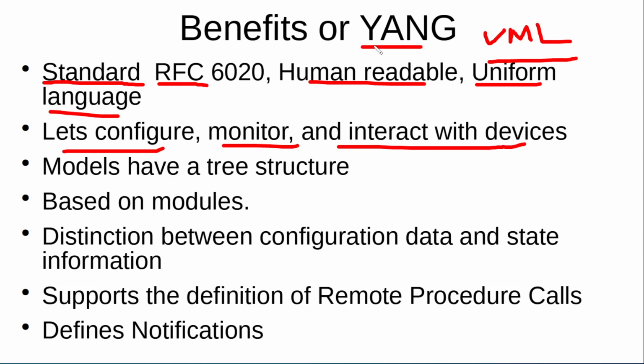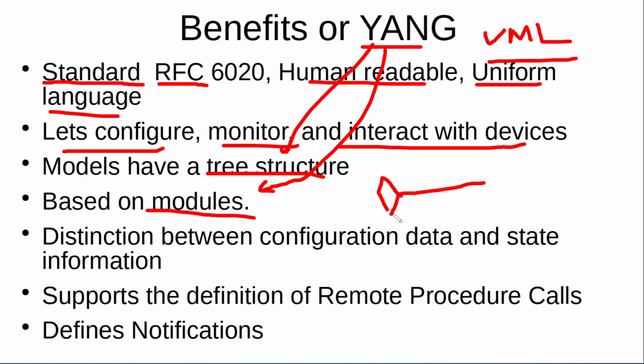The Yang model uses a tree structure and is based on modules. So this is interesting because the first thought I had when I started reading about Yang is that if I wanted to work with a network device, I would need a single Yang file to know how to work with it.